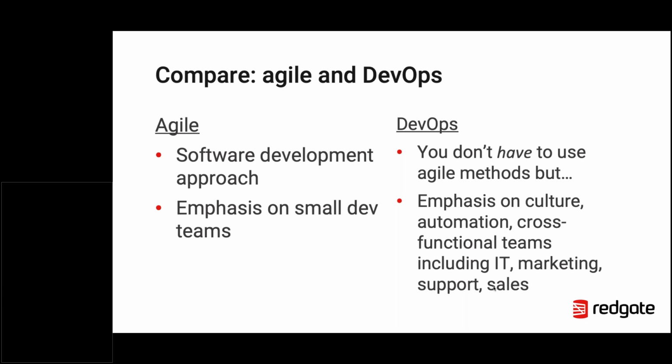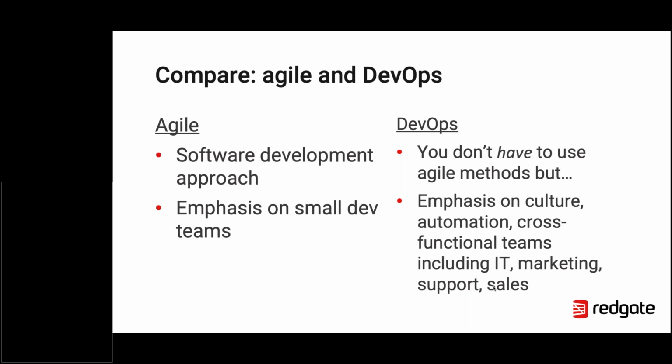The big picture, though, is that DevOps is bigger than Agile because DevOps has a real emphasis on more than just how software is developed, but also how software is delivered and the whole operation cycle of this.